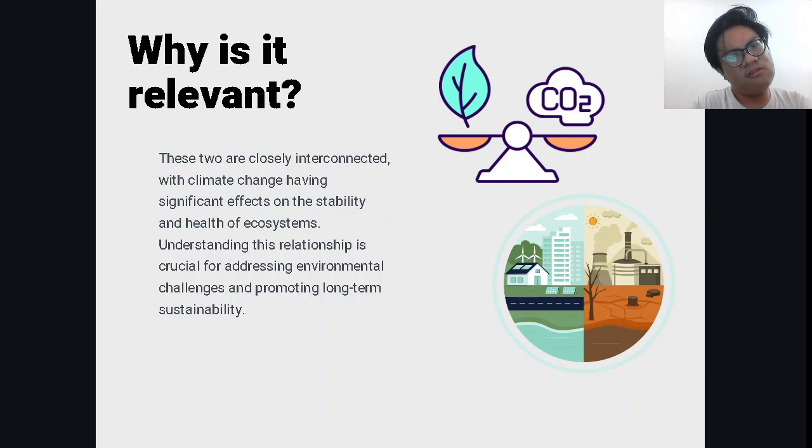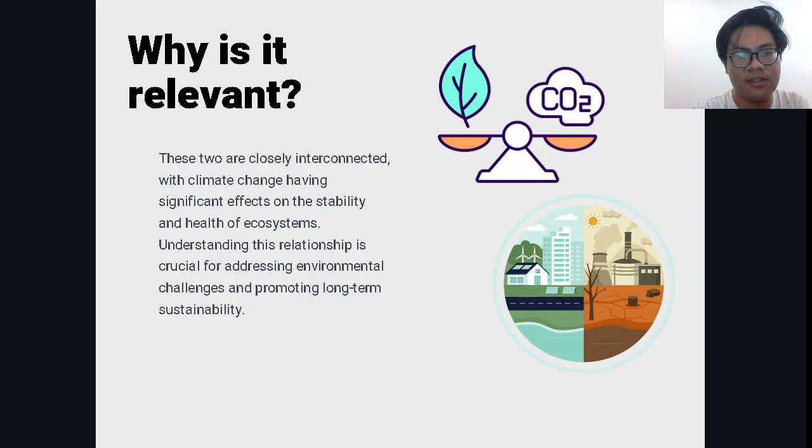Impacts of climate change on ecosystems are the temperature changes due to global warming, extreme weather events, and ocean changes and habitat destruction.